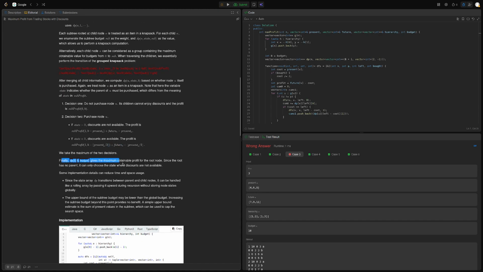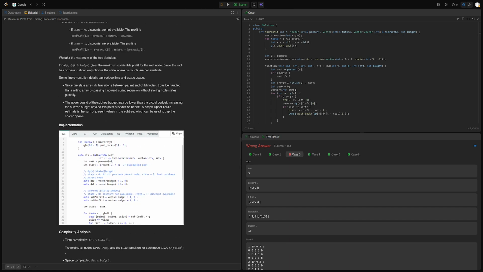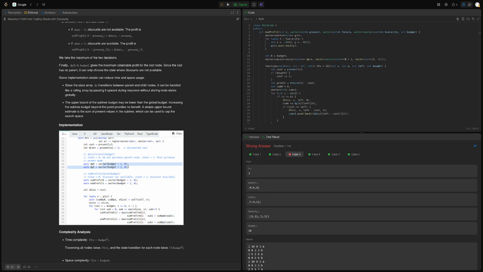Okay. Upper bound increasing. So cost, discounted cost, do not purchase parent node.